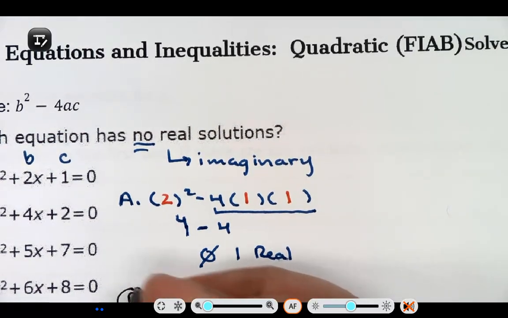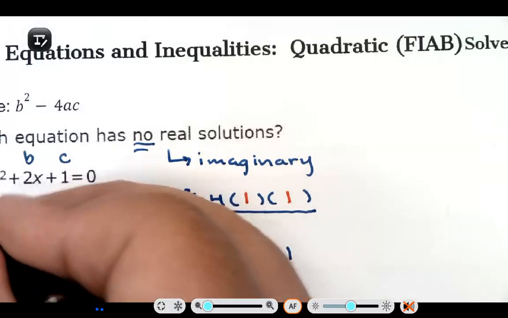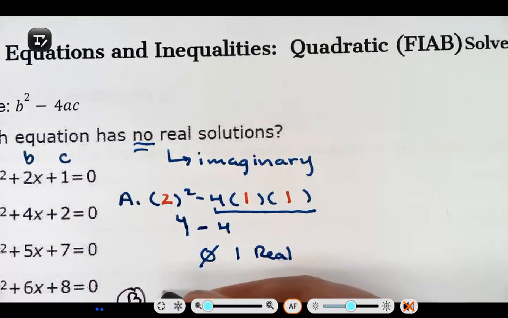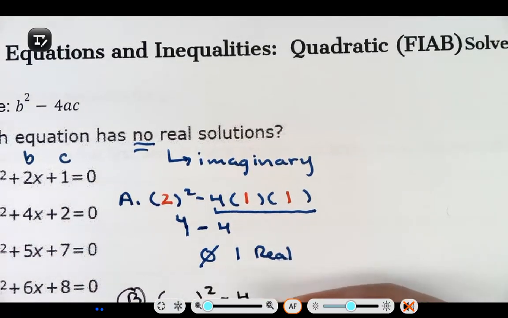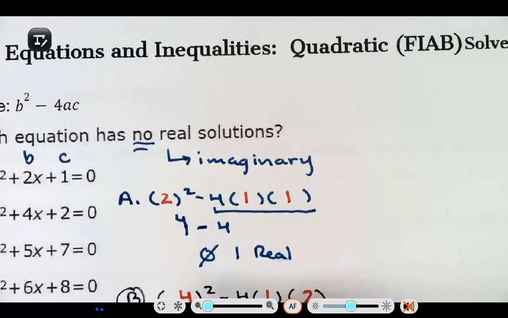We try the next one. So we go to B here. There's my A, B, C. So here we go. B squared minus 4AC. My B value is a 4 for this one. My A value is a 1. My C value is a 2. So for this problem, we get 16 minus 8, and 16 minus 8 is an 8. But remember, the number really doesn't matter.